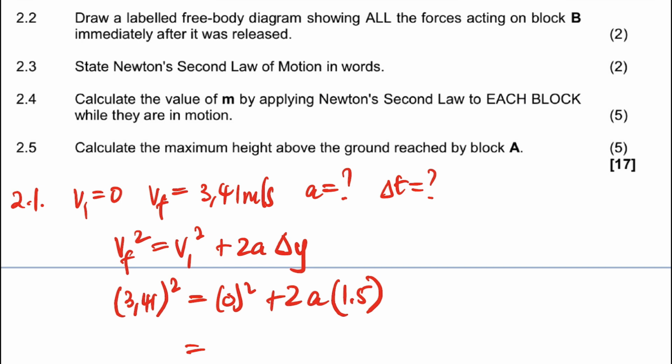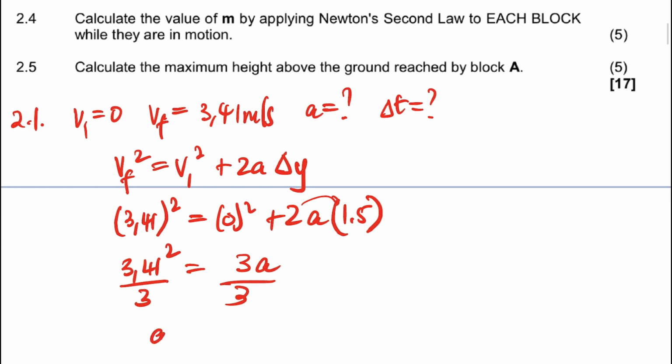So 2 times 1.5 is going to be 3a, and then we have 3.41 squared, and then we divide both sides by 3. So our acceleration will be 3.88 meters per second squared.